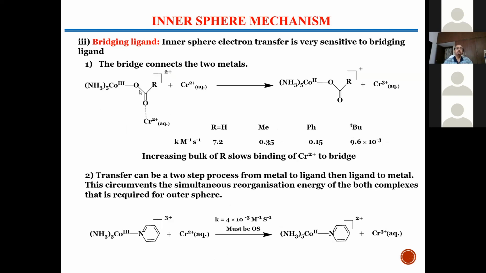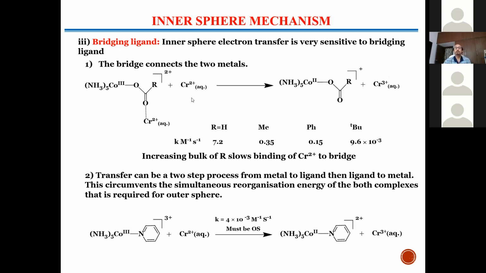You have taken cobalt pentamine, cobalt in the 3 state, with this acetate bridge, RC double bond O, and you are taking chromium 2. The product would be very simple. It looks very simple, but it is very delicate. Electron transfer looks simple but is delicate, so one has to understand it with a lot of patience.